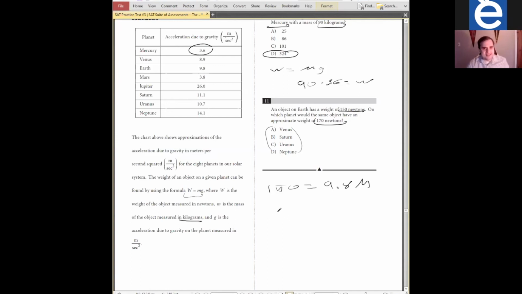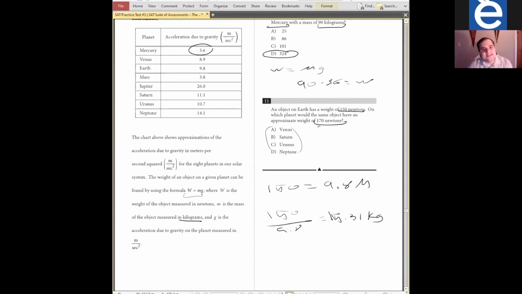So if we did that division, 150 divided by 9.8 is 15.31. So the mass of the object is 15.31 kilograms.